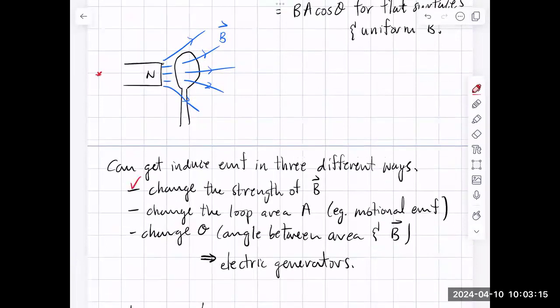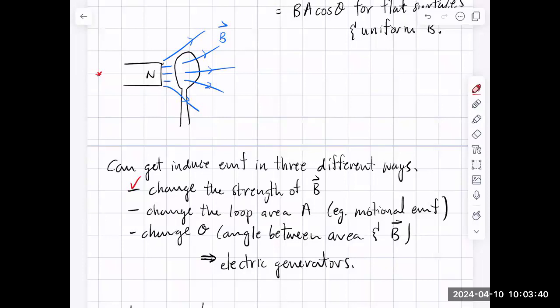The other way to do it is to keep my bar magnet fixed in place, and take my loop of wire and pull it so that the loop closes. We could start with a circular loop, and then stretch the wires so that they close, and you effectively take the area from some large circular area to 0.